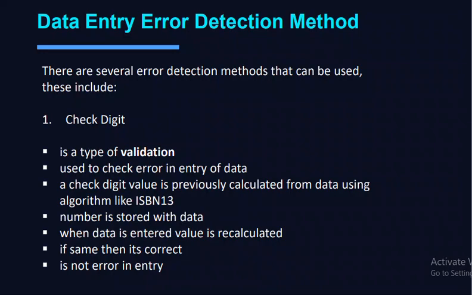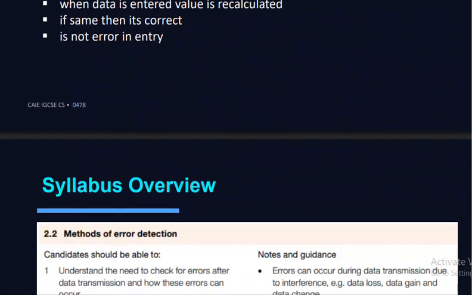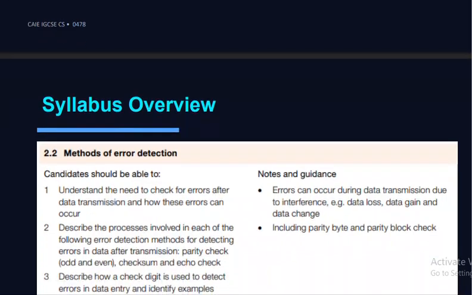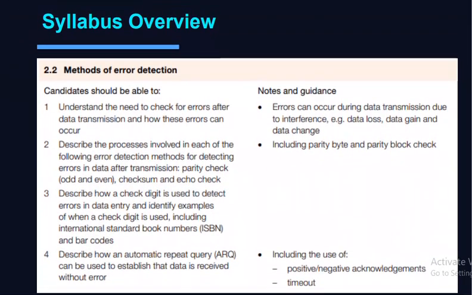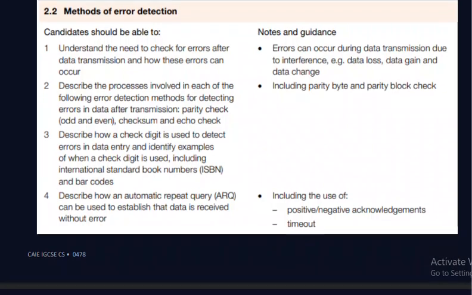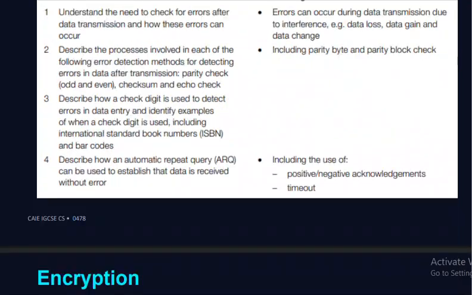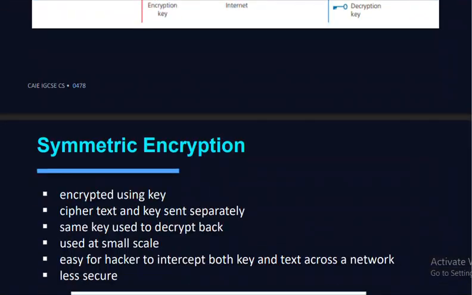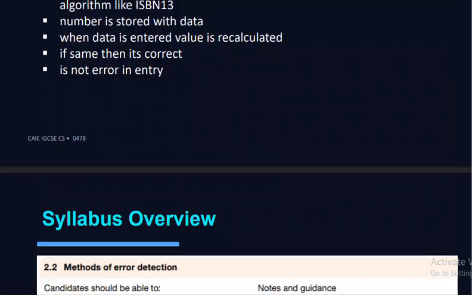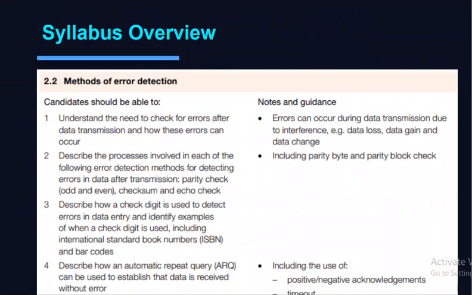I'm going to give a question paper class. In the last video I have done a question paper class, and over here now, the error detection methods. Oh wait, I have mistakenly given this, this was supposed to be the encryption. Anyway, there will be another syllabus thing, which is 2.3, and this one wasn't the syllabus.